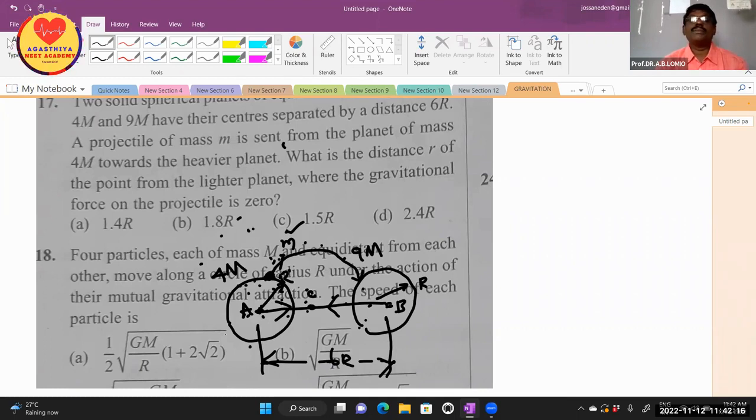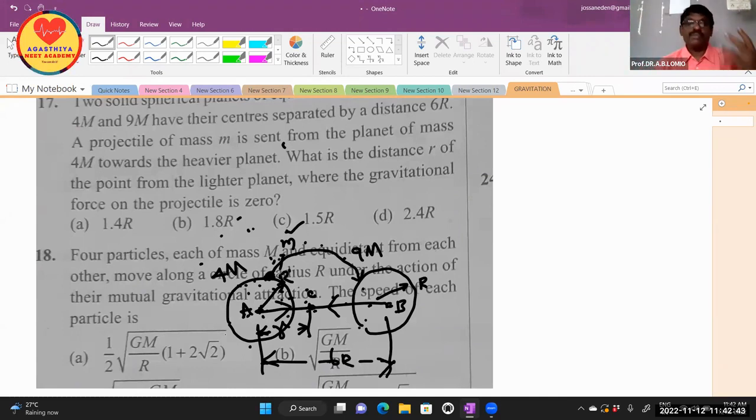We have to calculate the position of that point at which the gravitational force is equal to 0. That is, the gravitational forces between the heavier mass and the projectile, and the lighter mass and the projectile, sum to 0. For example, here is 4 Newton and here is 4 Newton, and they nullify at the point.